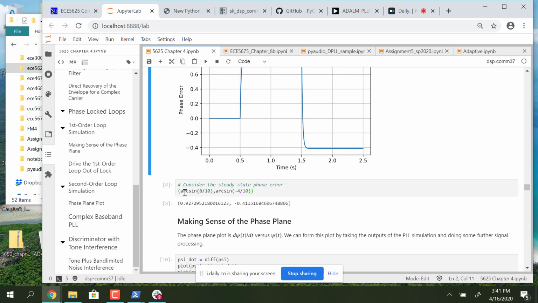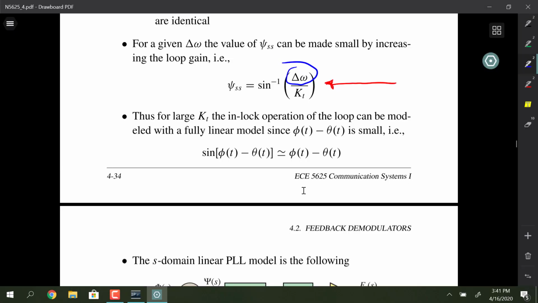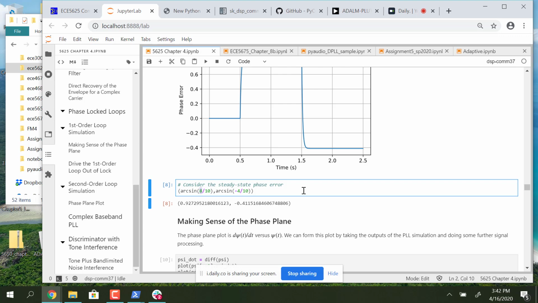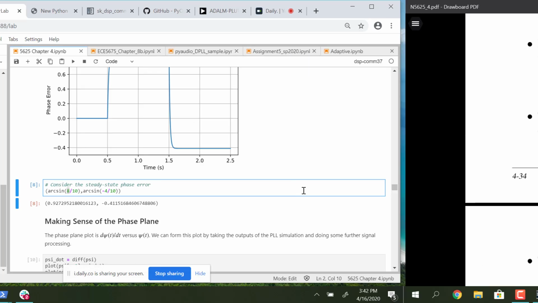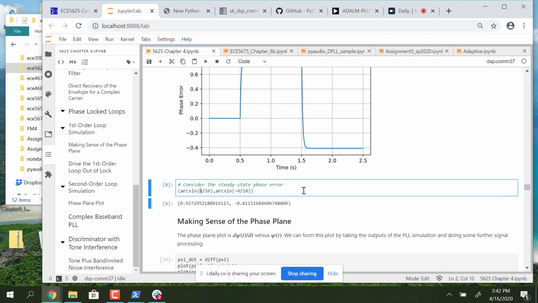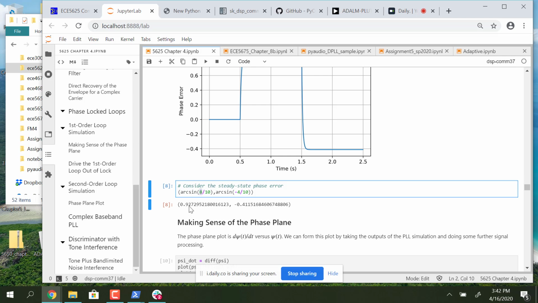But if we wanted to see exactly what that steady state phase error is, we would find the arctangent, or arcsine, of the delta omega, which I'm putting in just in hertz, divided by the loop gain all the way around, which is 10. It's actually 10 times 2 pi radians per second, but there's 2 pi in numerator and denominator that cancel out. So that is the 0.92 that we see up above here.